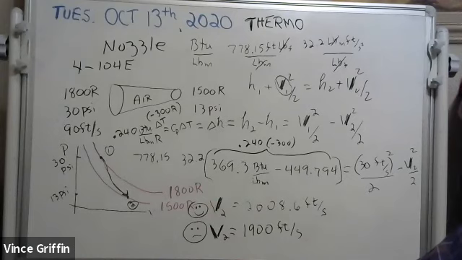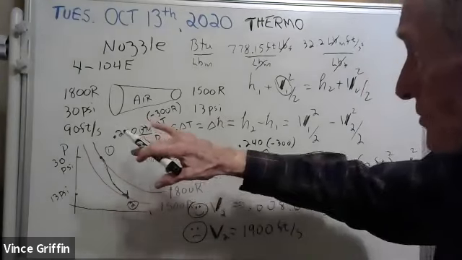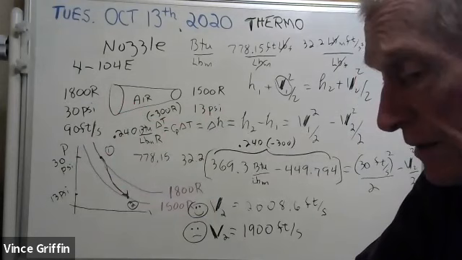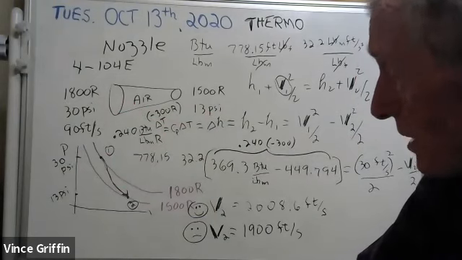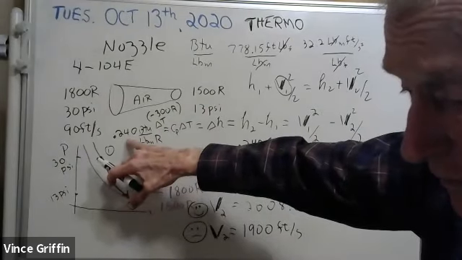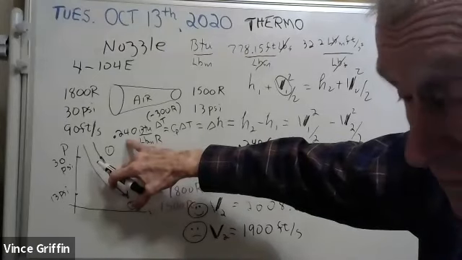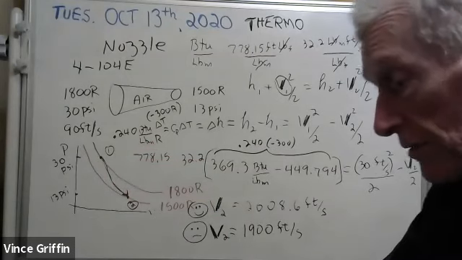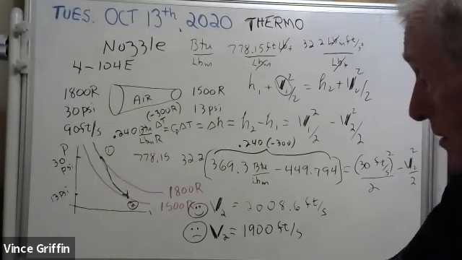This model is not as good, and I'll tell you why. Because we're dealing with temperatures that are pretty dang hot, aren't they? 1800 Rankine? Gosh, that's really hot. See that value there is the value for air at room temperature. And C sub P is different at 1800 Rankine.